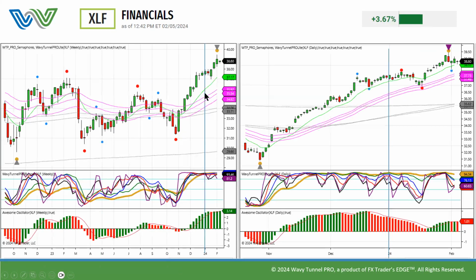Let's see why. Okay, so this is interesting, the financials. The wave was sideways to the tunnel, and look what happens. We start to take out these price highs, and the wave starts to turn up. And now the wave is comfortably above the tunnel. The first thing that's going to move is price.